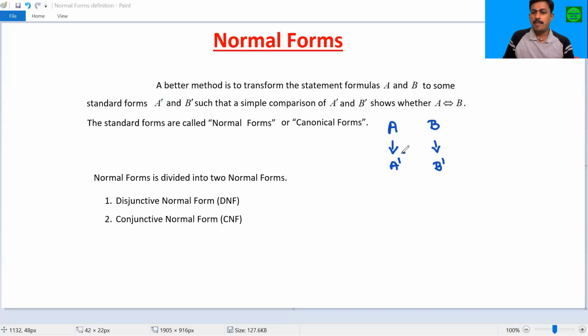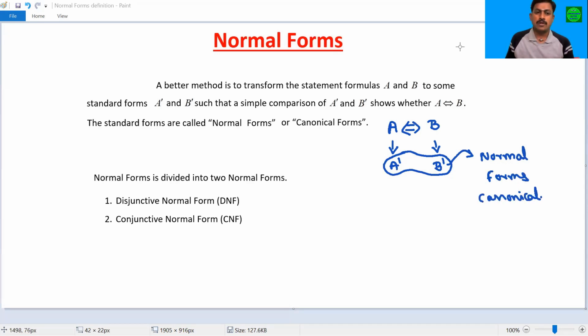Then a simple comparison of A dash and B dash shows whether A is equivalent to B or not. In this process, A dash and B dash are called normal forms, or sometimes canonical forms. Normal forms are divided into two types.